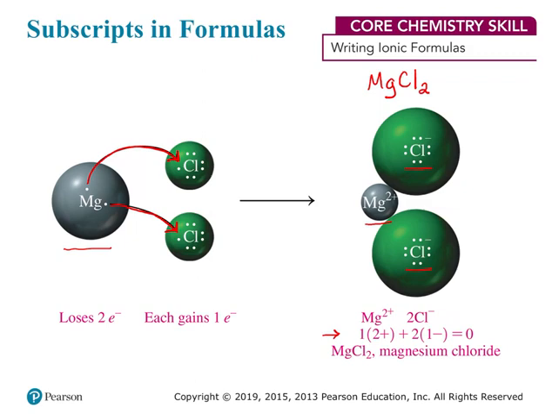This is why, because let's say we needed 4 chlorines or something. If we write MgCl4, that's not an accurate representation of the ratio between the magnesium ion and the chloride ions. So that doesn't work. We cannot change subscripts once we have written them down to show ionic ratios.